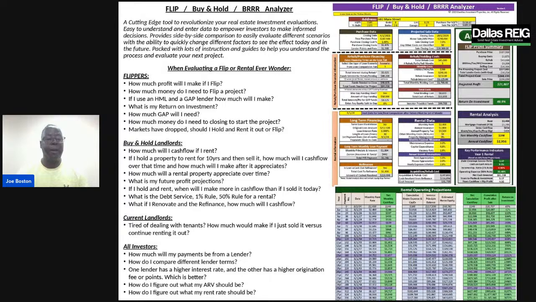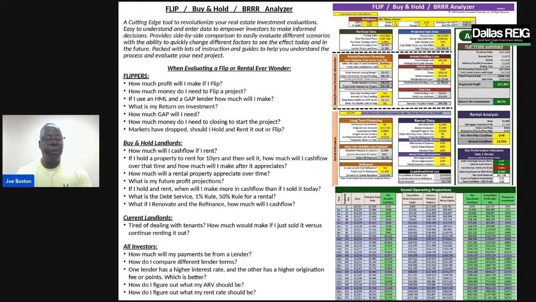If you hold the property and you just rent it for 10 years and then you sell it, how much cash flow will you make during that time? So you can actually adjust and look and analyze for just certain periods of time in the future. So if you only hold it for 10 years, or you hold it for 20 years, or 2 years, you can actually do that as well.